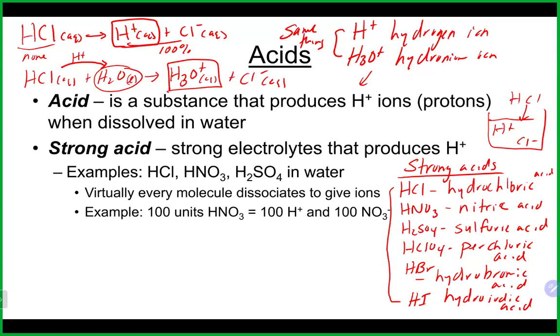Why it's good to kind of know that, not necessarily a lot for us, but it's just a good thing to know because if you come across an acid that's not one of those 6, you could probably safely assume it's a weak acid. So that's just a kind of a process of elimination. So those are strong acids, and that means every one of those, when they are in solution, will not stay together because they're all strong electrolytes. They're just going to completely break apart into ions.